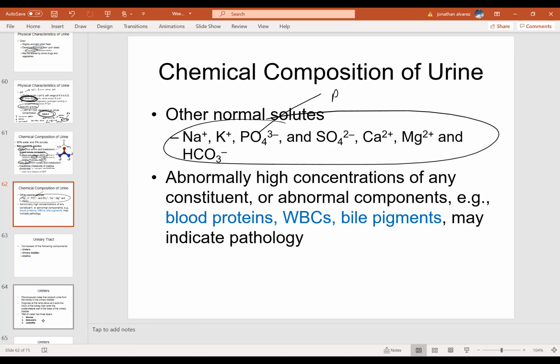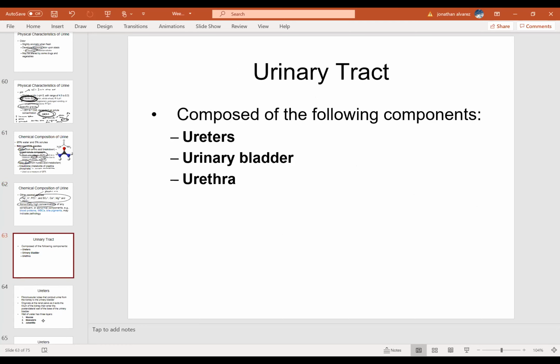And this is phosphoric acid, or a derivative of phosphoric acid. Okay, if you have abnormal high amounts, could indicate some sort of pathology.